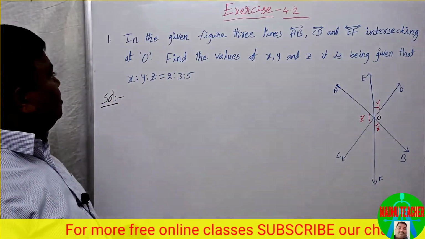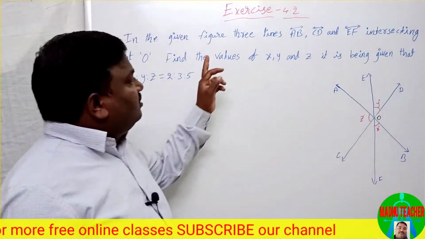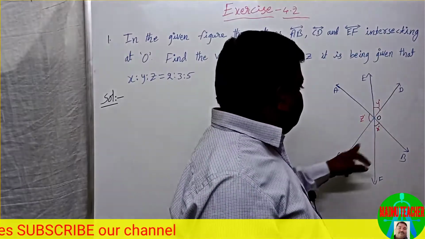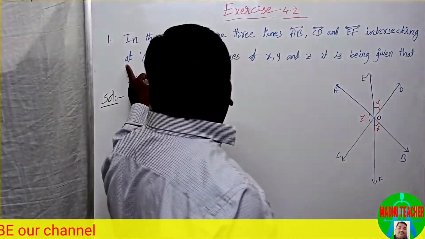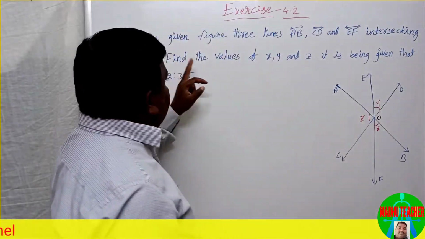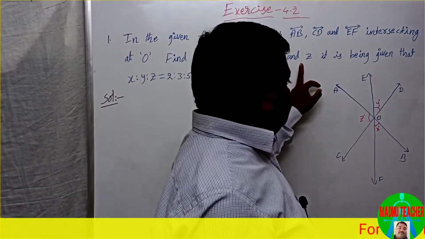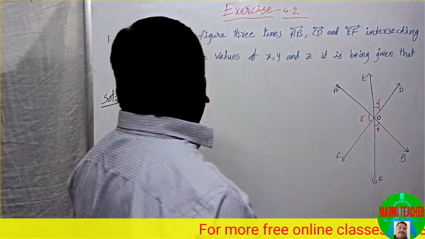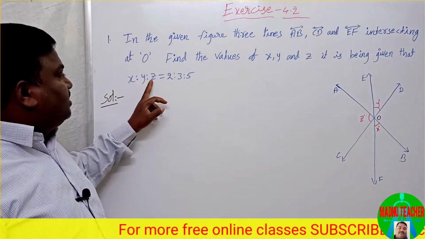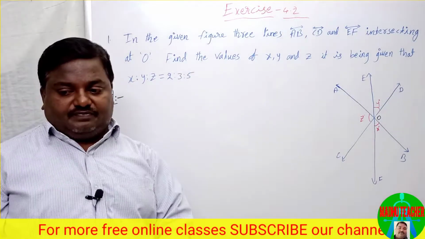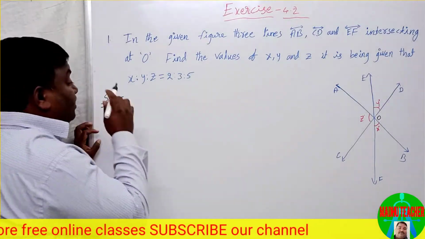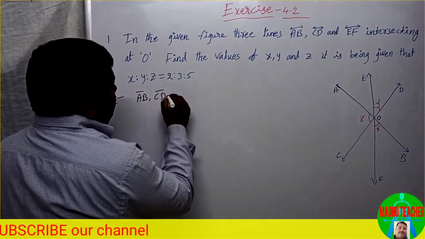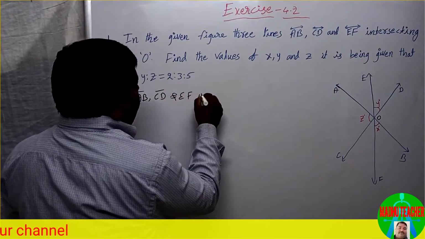Exercise 4.2, first problem. In the given figure, three lines AB, CD and EF intersect at O. Find the values of X, Y and Z. It is given that X is to Y is to Z equal to 2 is to 3 is to 5.